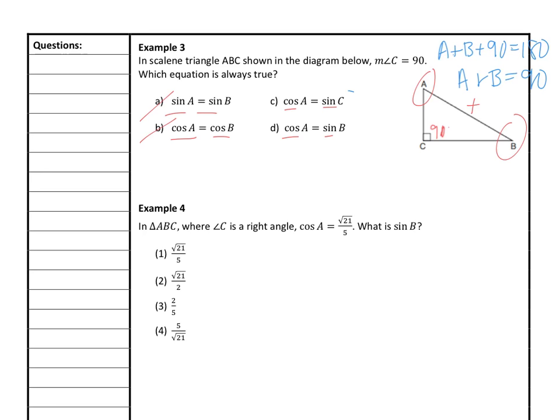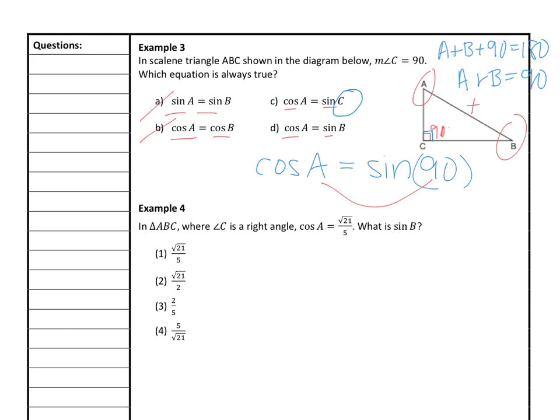Okay, so now we see that we have cosine with sine, cosine with sine. But notice here in choice C that we have sine of the 90-degree angle. You have never been circling the 90-degree angle in any of the previous skills, right? You have never circled the right angle in any of these problems, so you're still not going to talk about it here. Because if you think about this for a second, cosine of A is equal to sine of 90 degrees, because we know that C is 90.